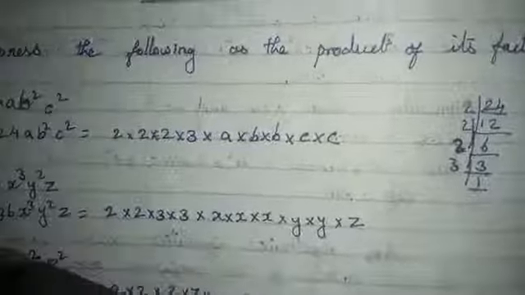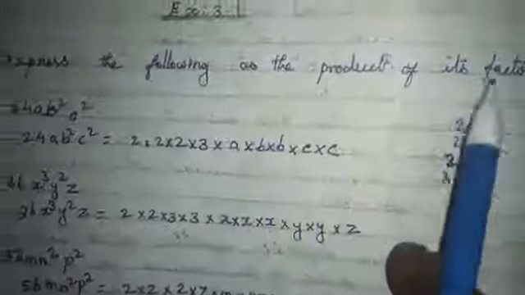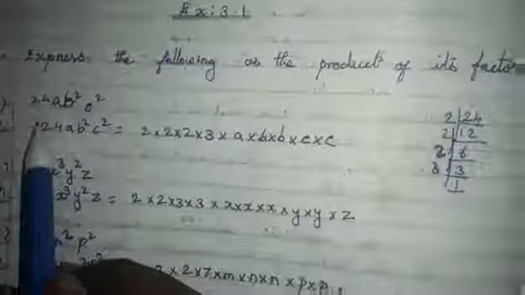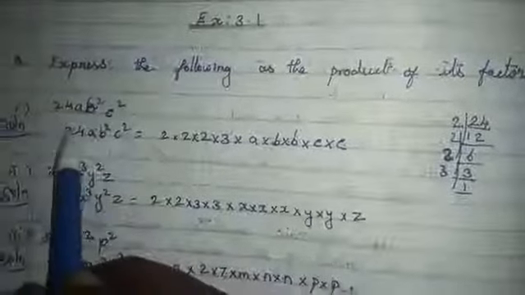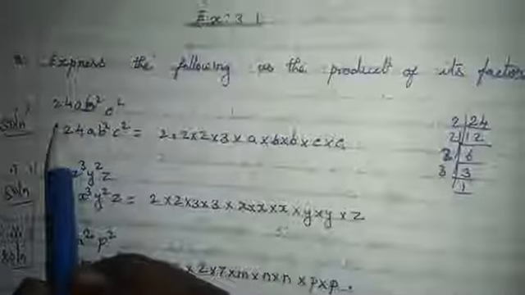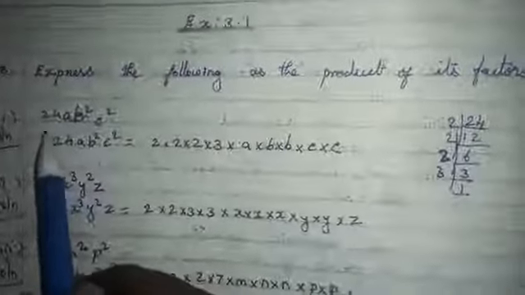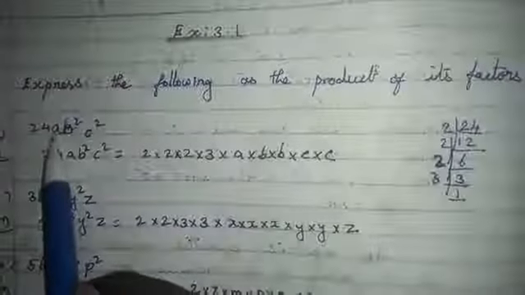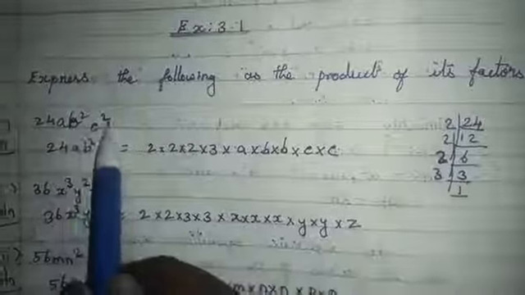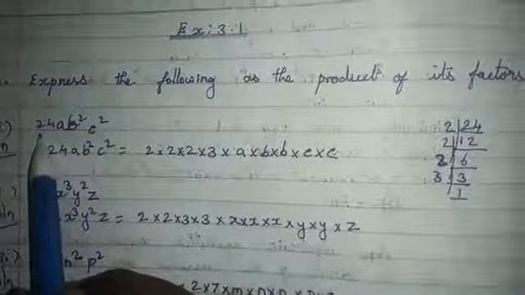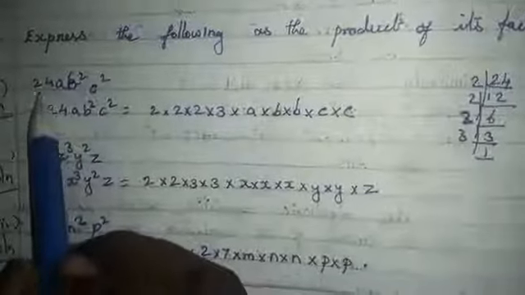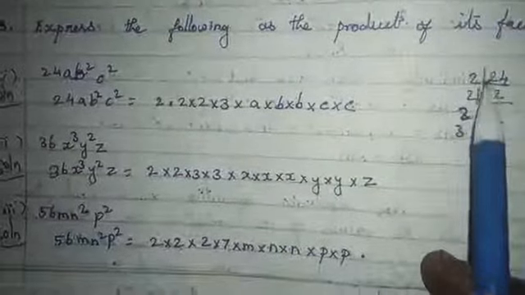Third sum, express the following as the product of its factors. Here they have given the expressions. You have to write each expression as the product of its factors. First sum is 24ab square c square. The factors of 24 can be found by using prime factorization.